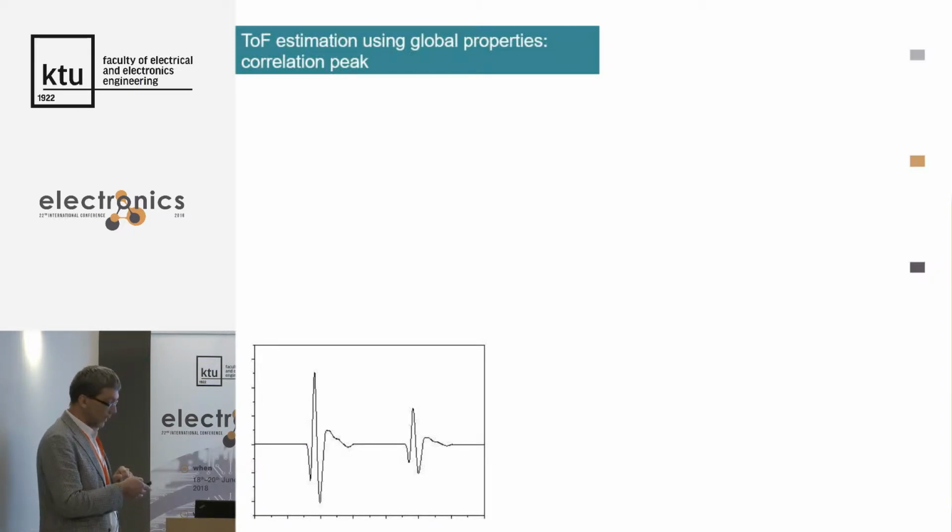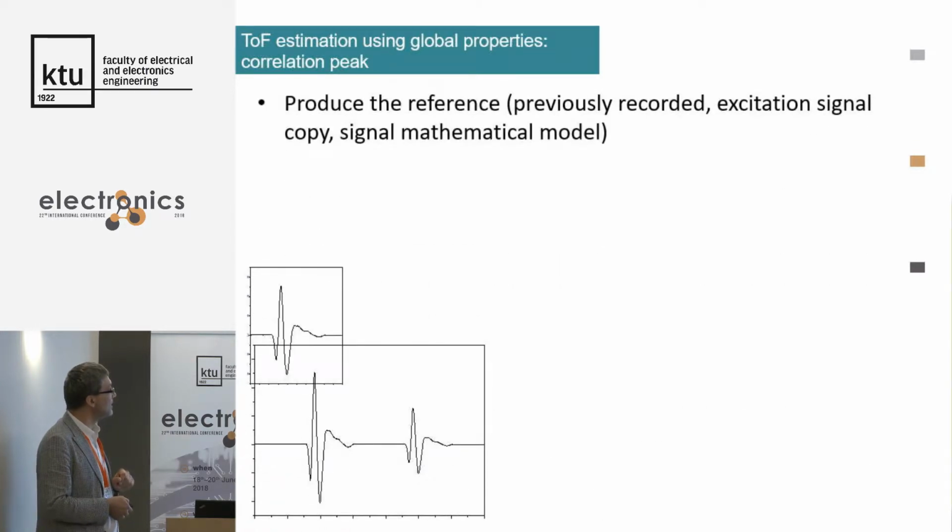One of the best known techniques is the correlation. So how does the correlation work? You are looking for a likelihood function. Likelihood is how similar two signals are. You know the shape of the signal transmitted, because it is you who transmitted the signal.